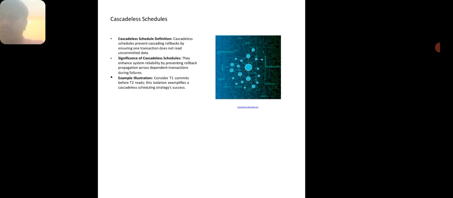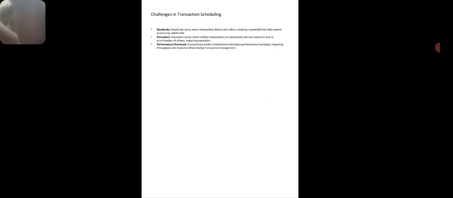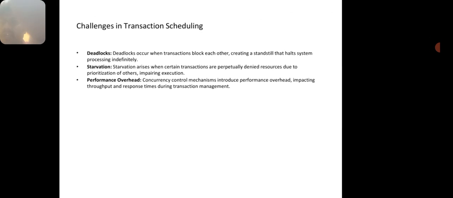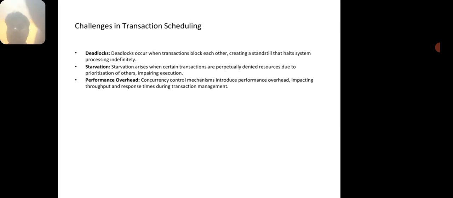It prevents the propagation of rollback across different transactions during failure. In the example, T1 commits before T2 reads, maintaining isolation, which shows the strategy's success in reducing cascades. Challenges of transaction scheduling include deadlock, starvation, and performance overhead.